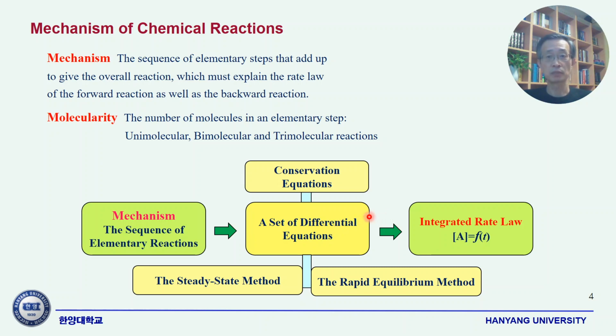Either way, you obtain the integrated rate law, which gives concentration as a function of time. But when you do this, even with numerical integration, you might utilize certain approximations. One is the steady state method, and the other is assuming rapid equilibrium among reactions. Okay, so this is the basic scheme in chemical kinetics.